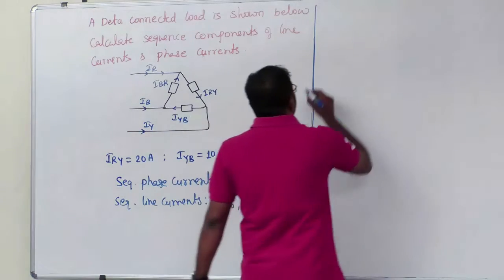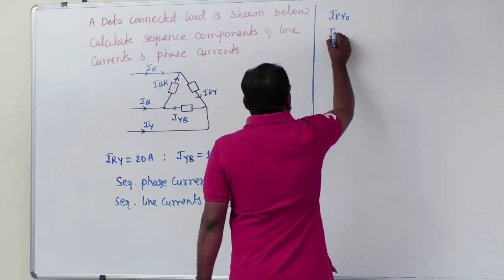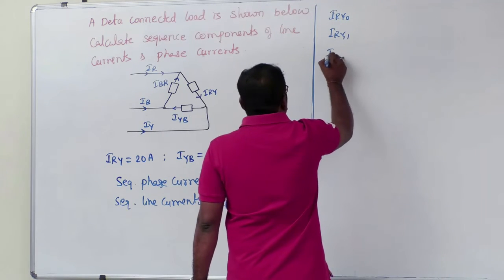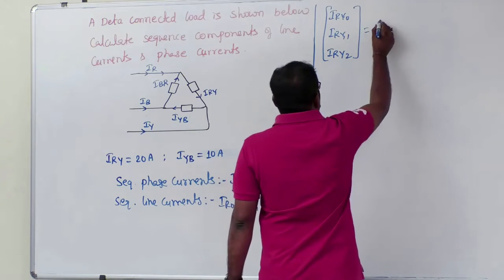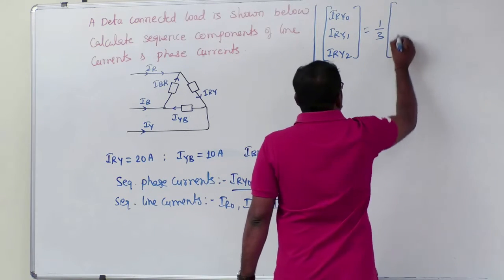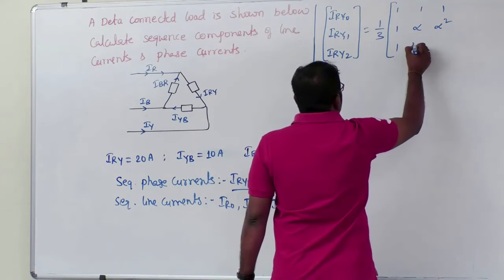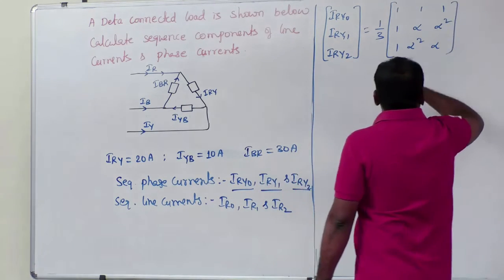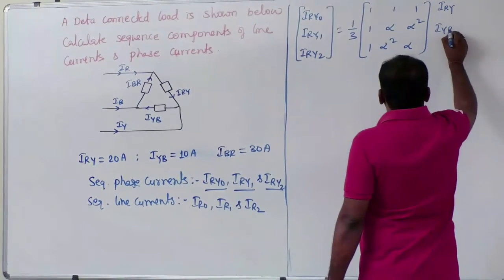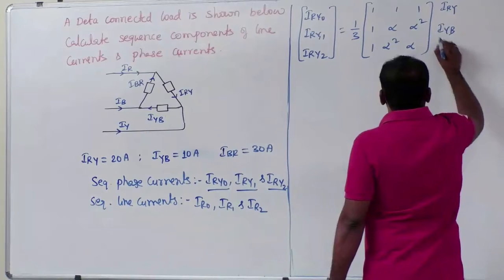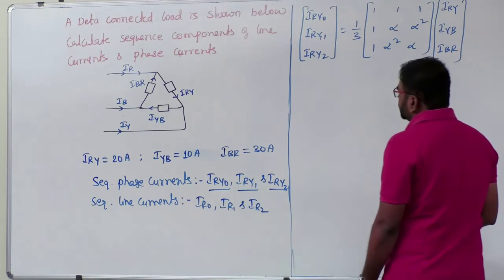What is the relation? IRY0, IRY1, IRY2 equal to 1 by 3 times the matrix 1 1 1, 1 alpha alpha square, 1 alpha square alpha, times IRY, IYB, IBR.